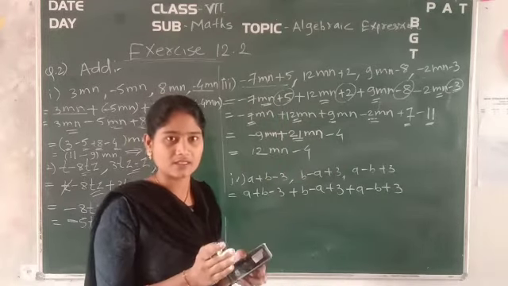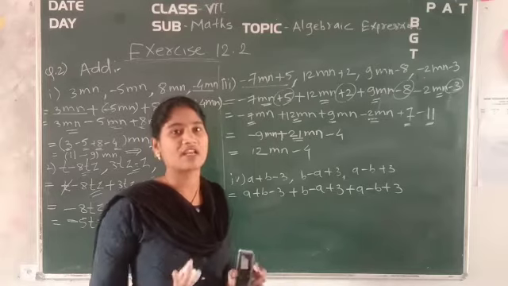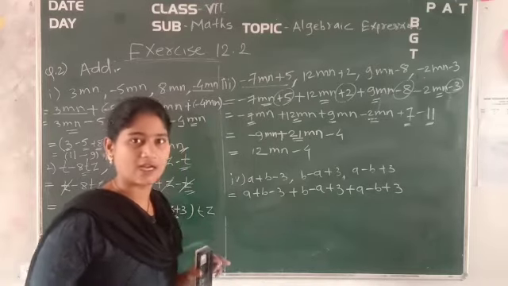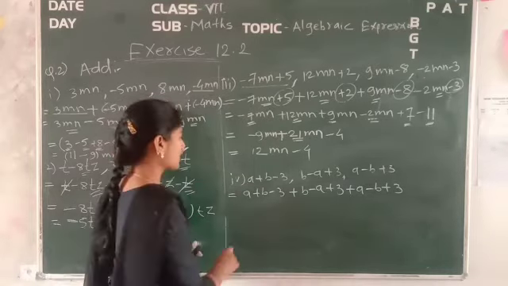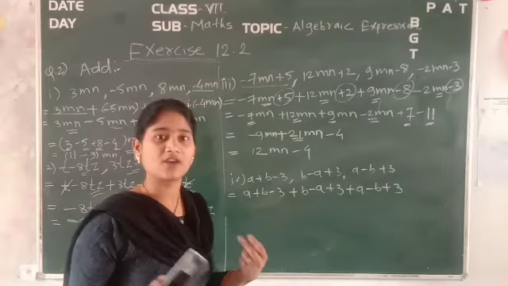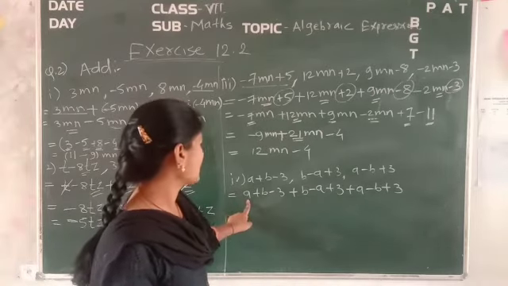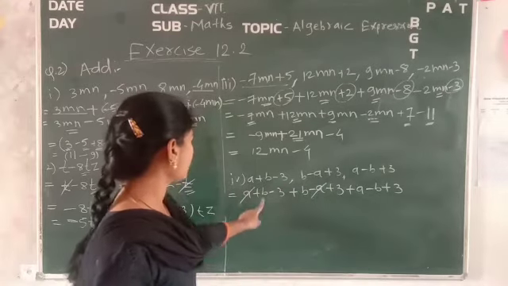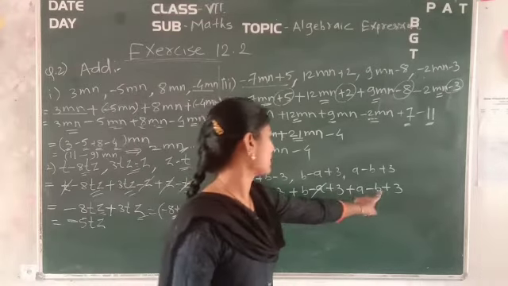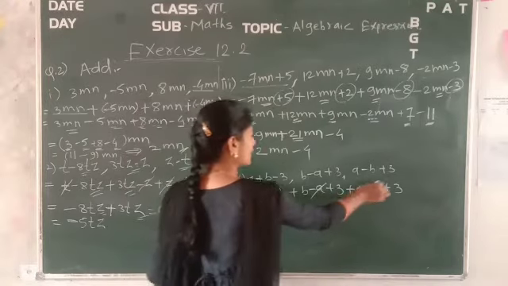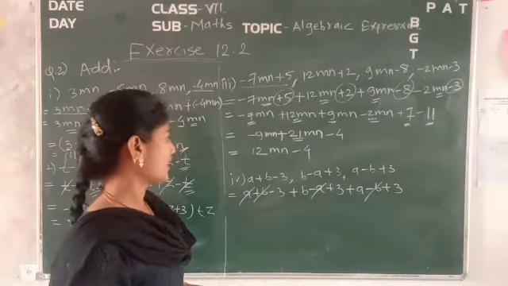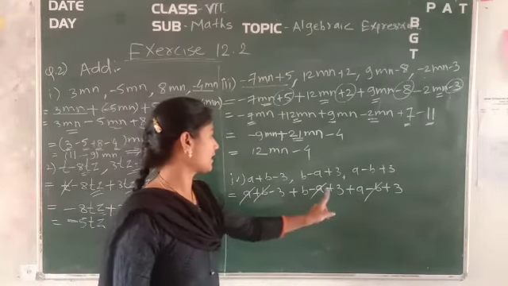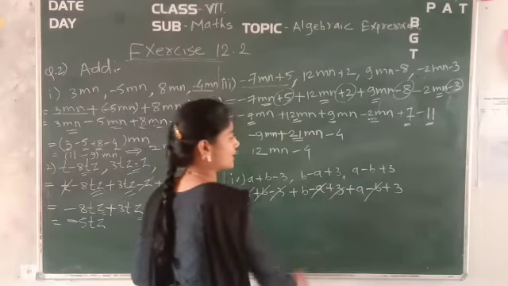Whatever the comma is there, in place of that we have taken the addition sign, because the question is regarding addition. So now if opposite terms are there, you can cancel out. Plus a minus a will get cancelled out. Again plus b, here it is minus b, so it will also get cancelled out. Minus 3 plus 3 will also get cancelled out.